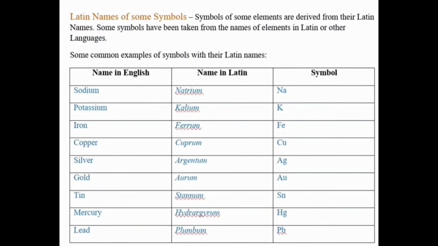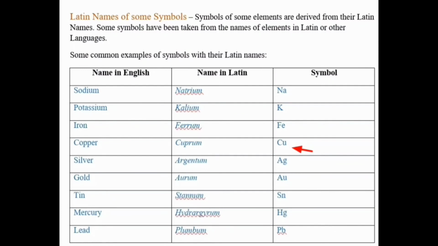There are some symbols given based on their Latin names. For example, sodium's Latin name is natrium, so the first two letters, capital N and small a, are used as its symbol, Na. Same goes for copper.